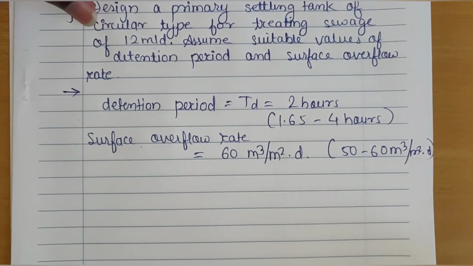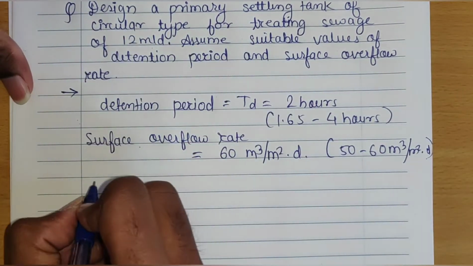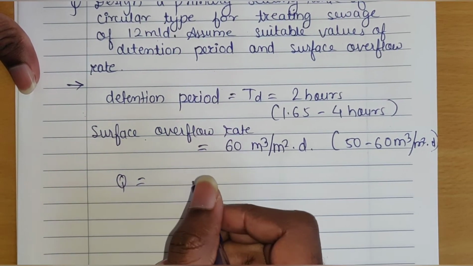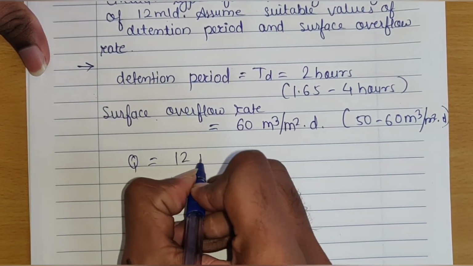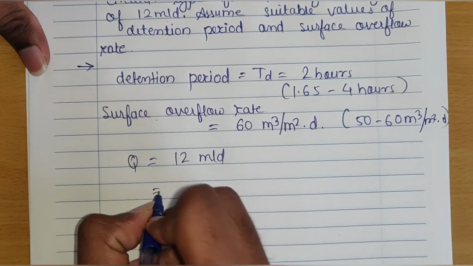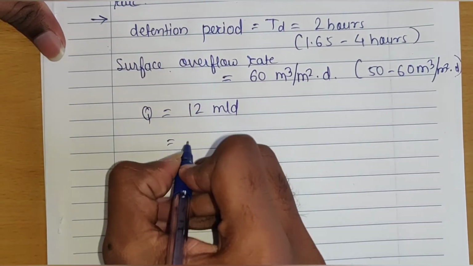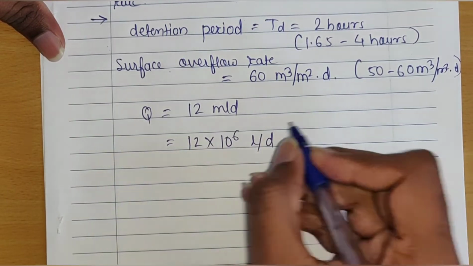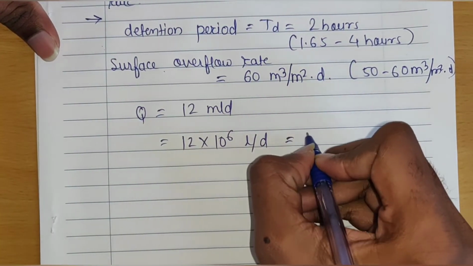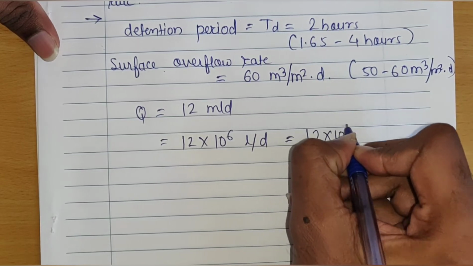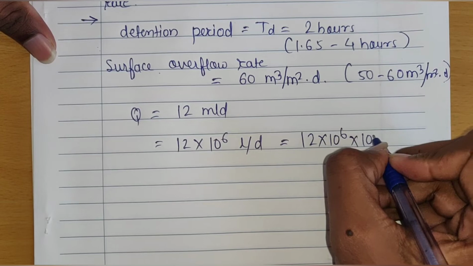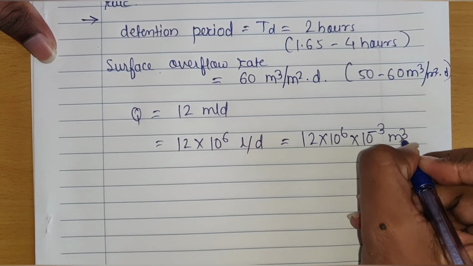Now the only given quantity here is the flow rate. Q is given as 12 MLD, which is 12 into 10 raised to 6 liter per day. 1 liter is equal to 10 raised to minus 3 meter cube.